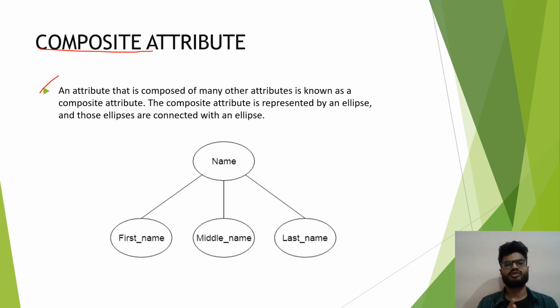For example, name here is divided into first name, middle initial, and last name. Actually, a person's name is Arun Kumar Singh. So we can further divide his name into three other attributes: first name, middle initial, and last name. First name could be Arun, middle initial is Kumar, and last name is Singh. And we can also combine it and save it in only one attribute, which is name.